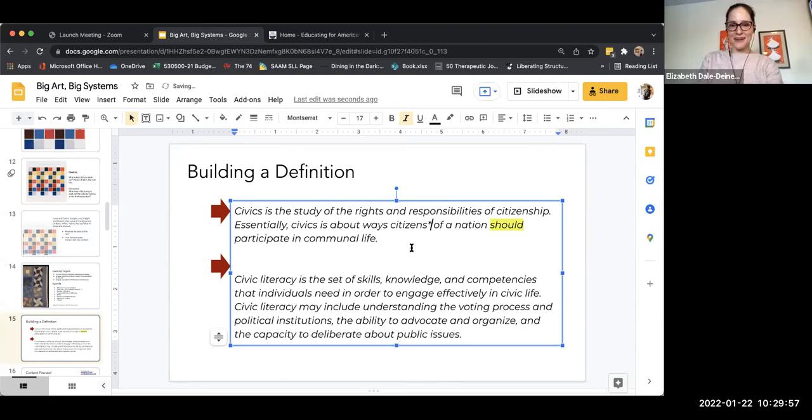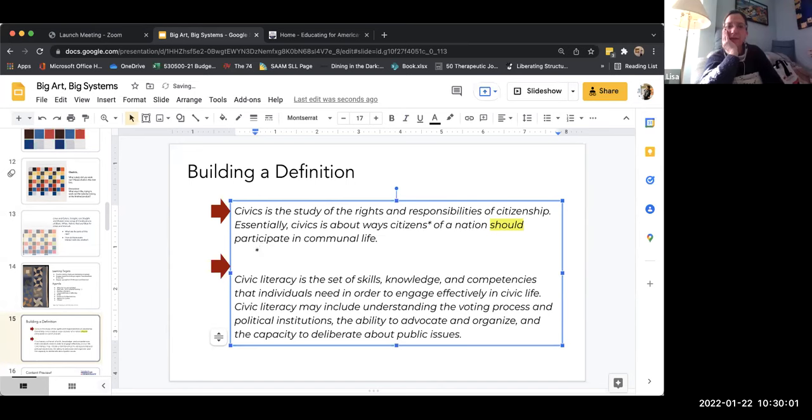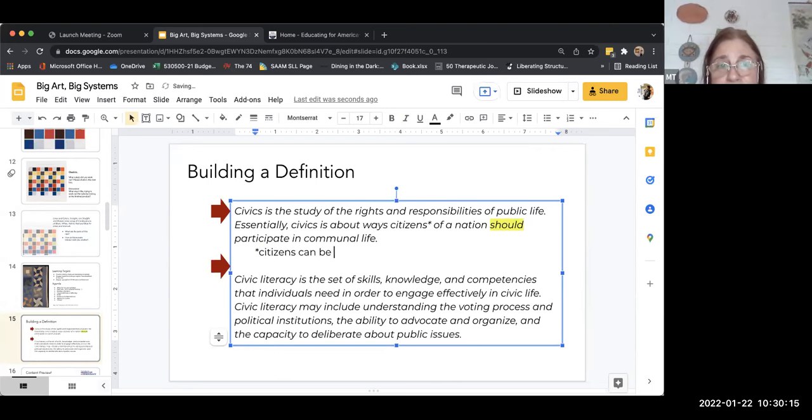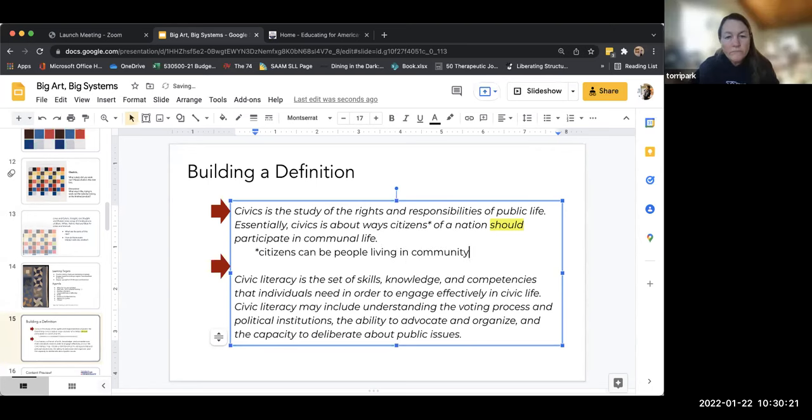Okay, so then we're going to put an asterisk here. Could you say public life instead of citizenship? The study of the rights and responsibilities of public life, then anyone who is in a space might be participating in the community life or expectations. Yeah. Do we feel good about this?